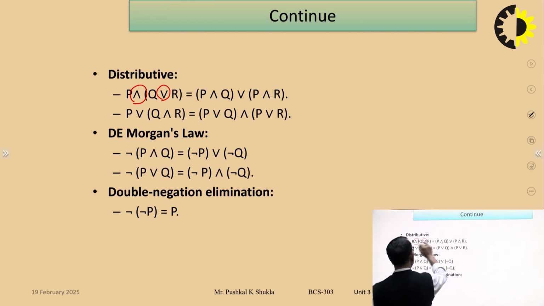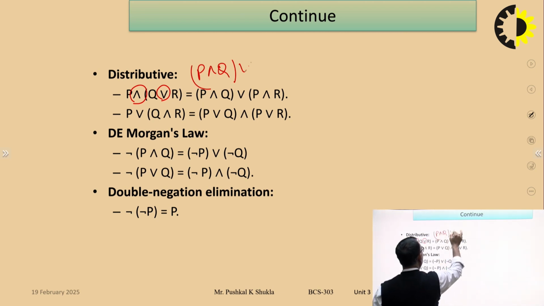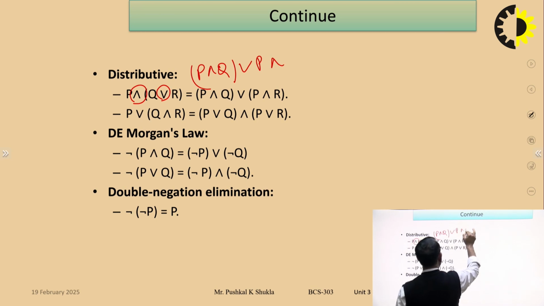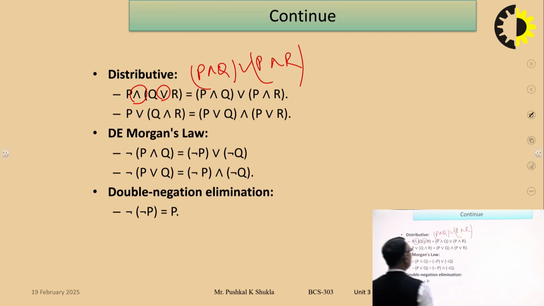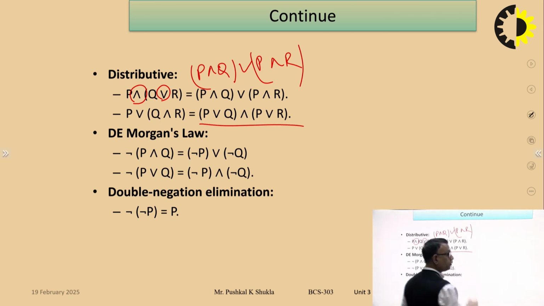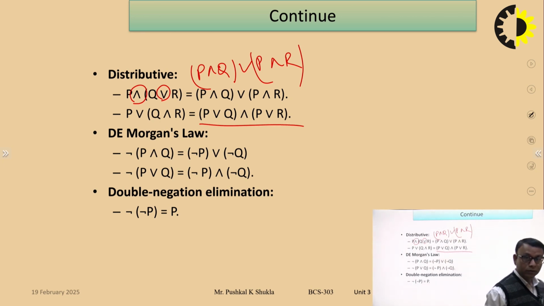We can write P and (Q or R) as (P and Q) or (P and R). So the distributive law also always holds true.